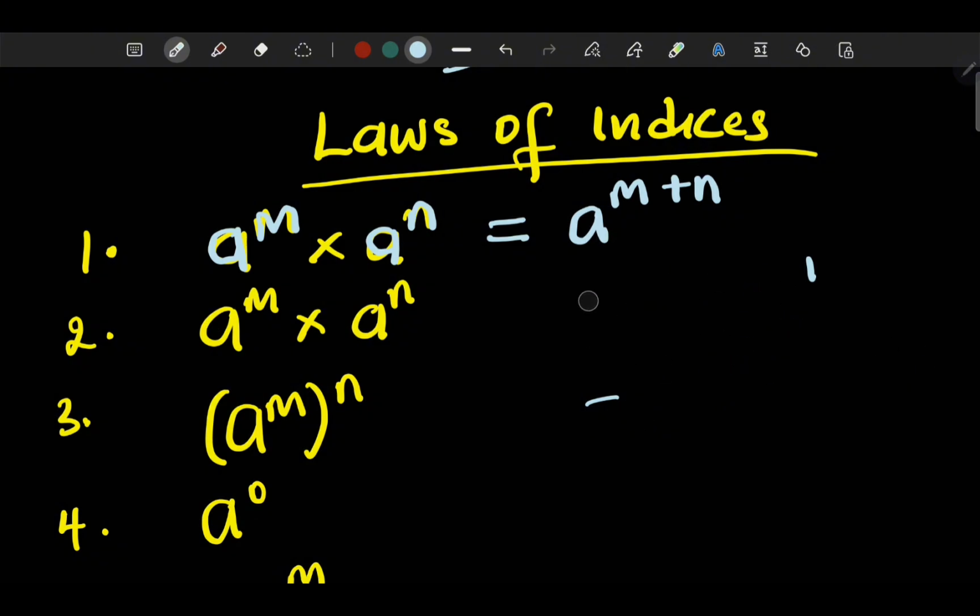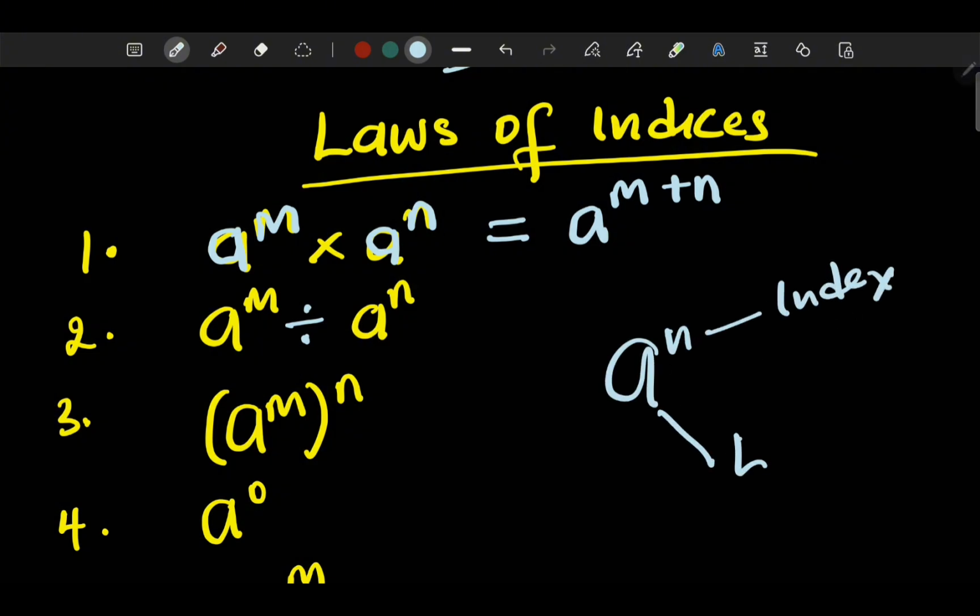So now let's go to the second law, which is the division law. If you have A to the power of M divided by A to the power of N, notice that the bases are the same. Whenever you find that the bases are the same, you simply subtract the powers if it is division.